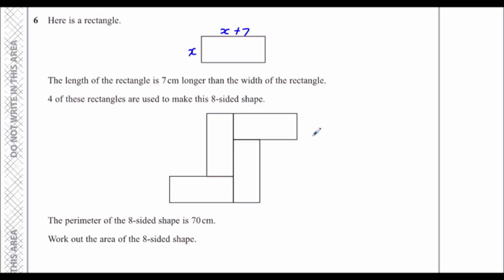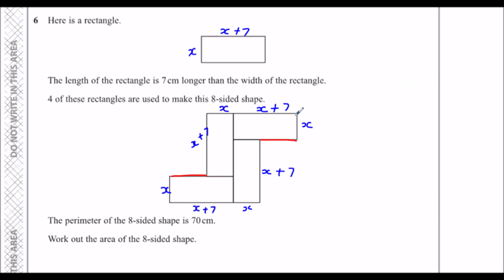So let's draw on the perimeter. So we've got x, x plus 7, x, x plus 7, x, x plus 7, x, and x plus 7. There are 2 parts we haven't got something written down for. So here and here. So how long are they?